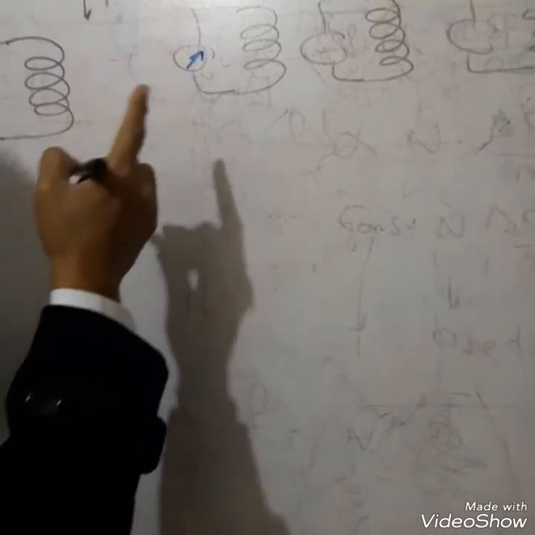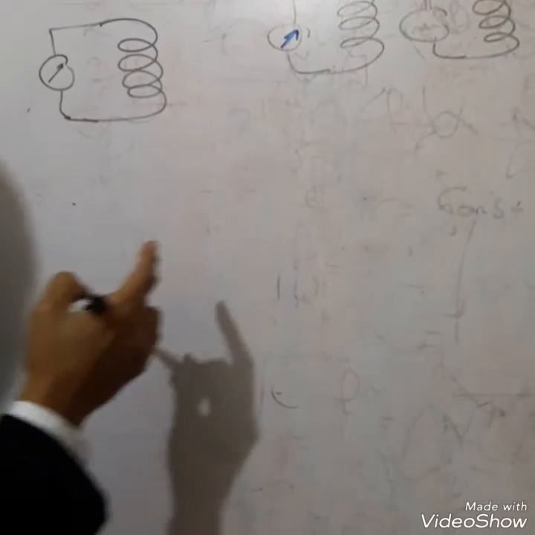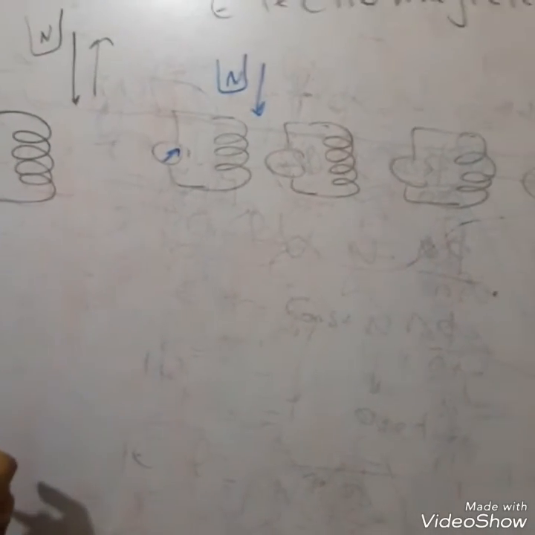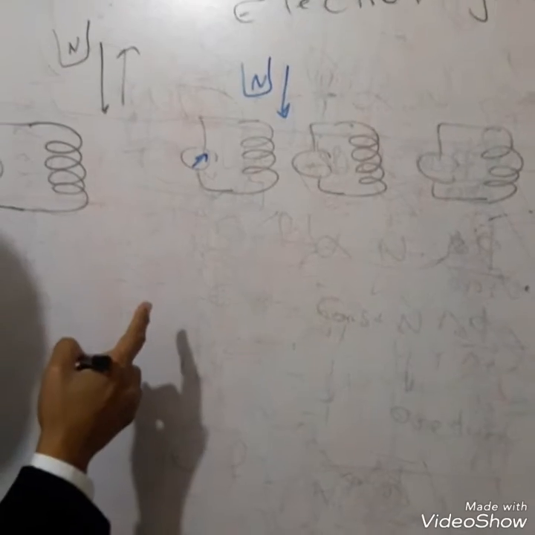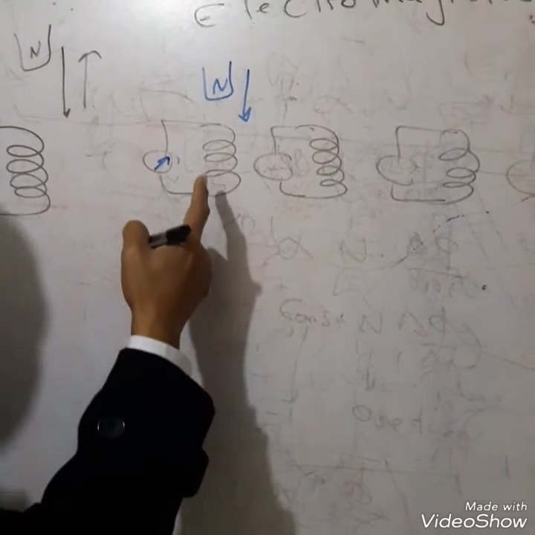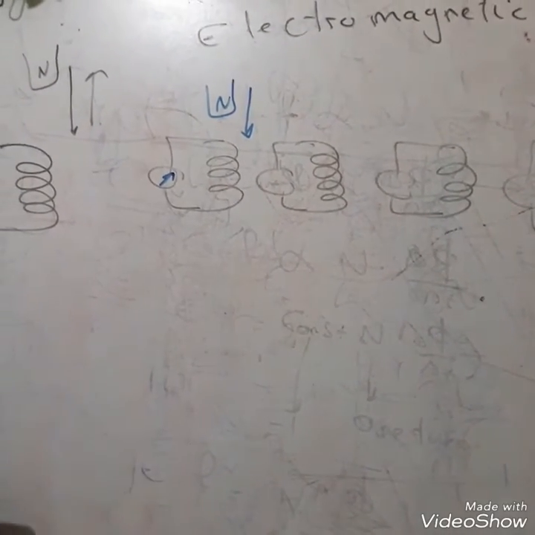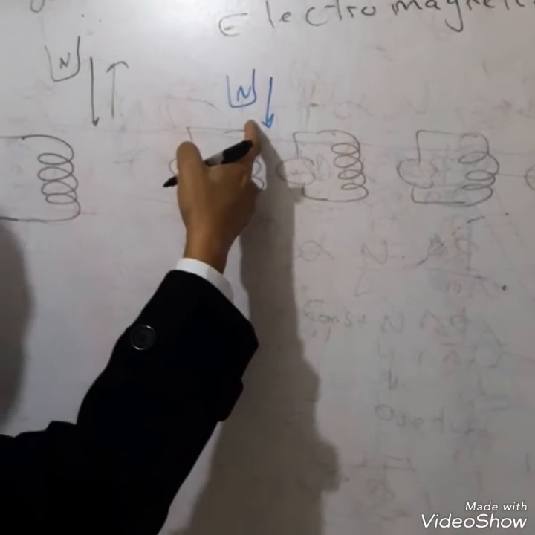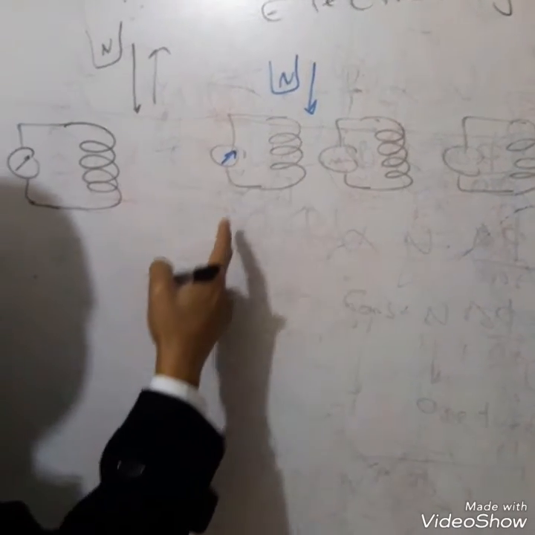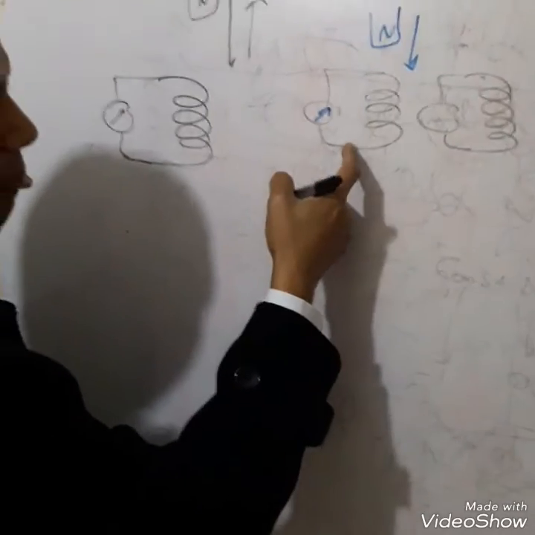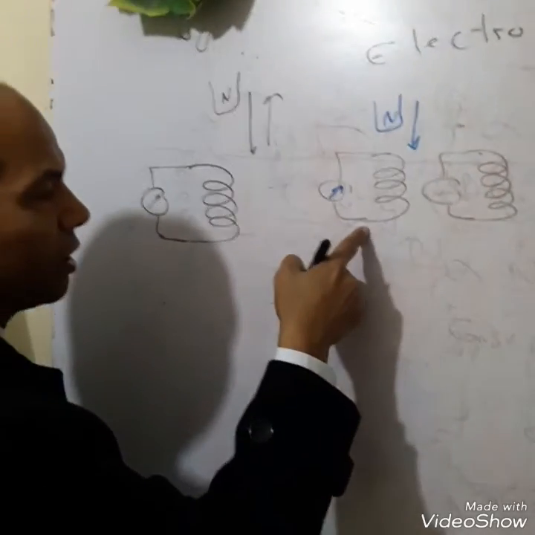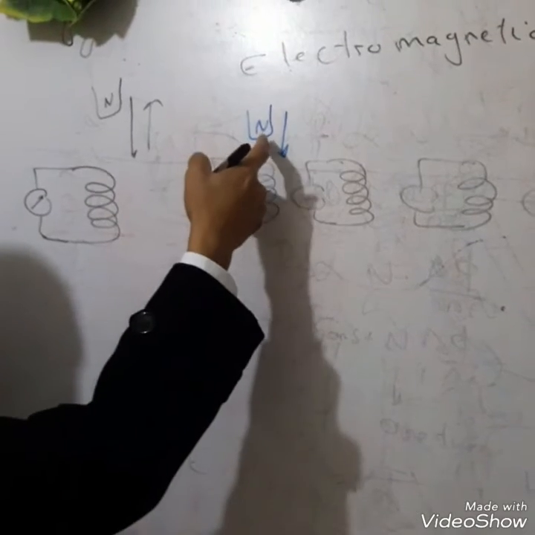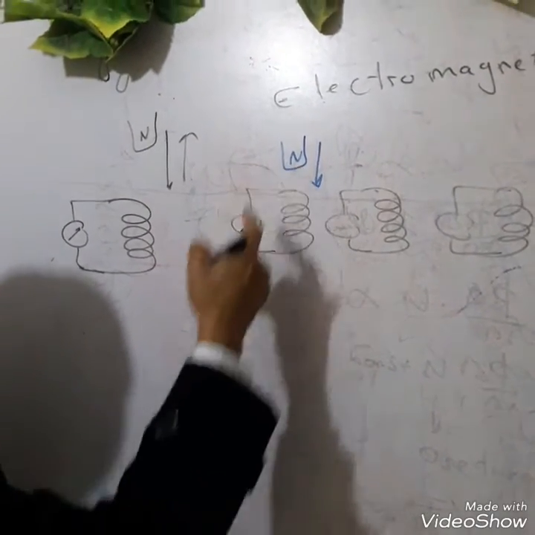Okay? Lenz's rule: the electric current induced must be in a direction such as to oppose the change producing it. This means when the north pole is near, the electromotive force generated inside the coil opposes the change producing it.